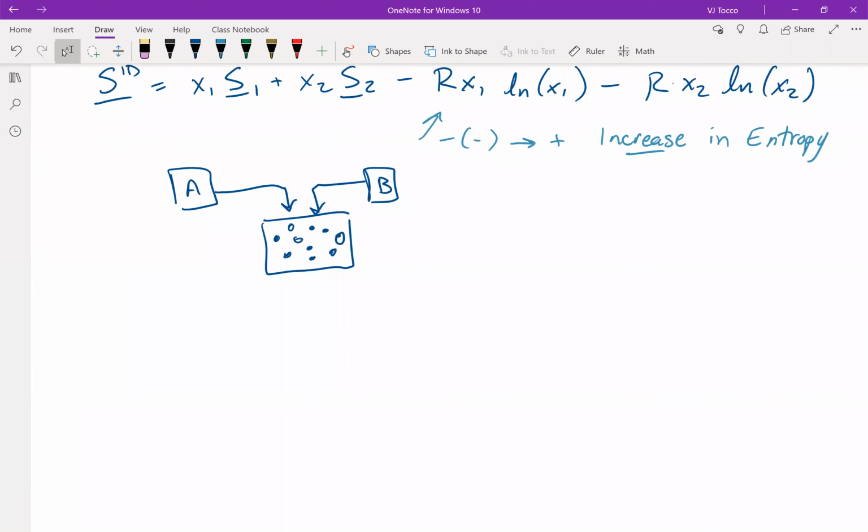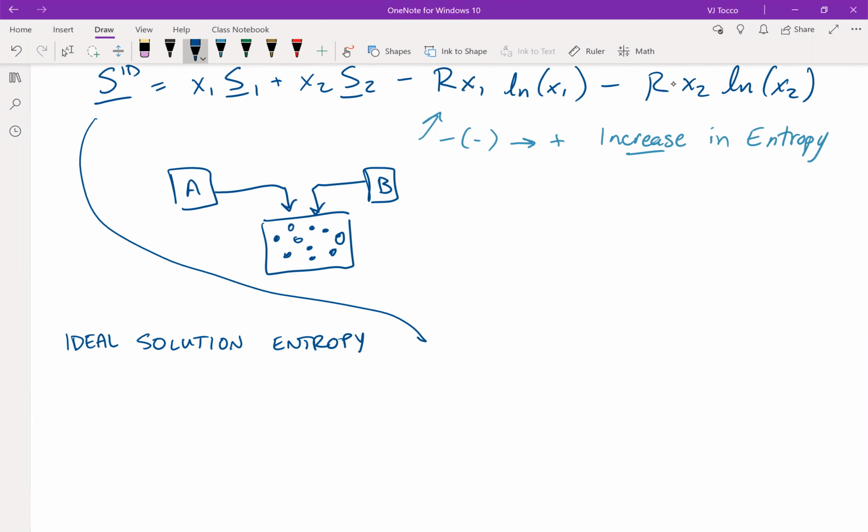So just to summarize that, the ideal solution for entropy is what I wrote above, which means that the mixing property, delta S of mix, is minus R x1 ln of x1 minus R x2 ln of x2.